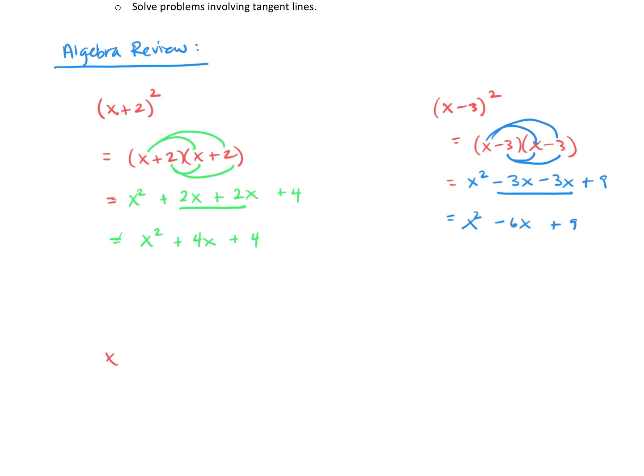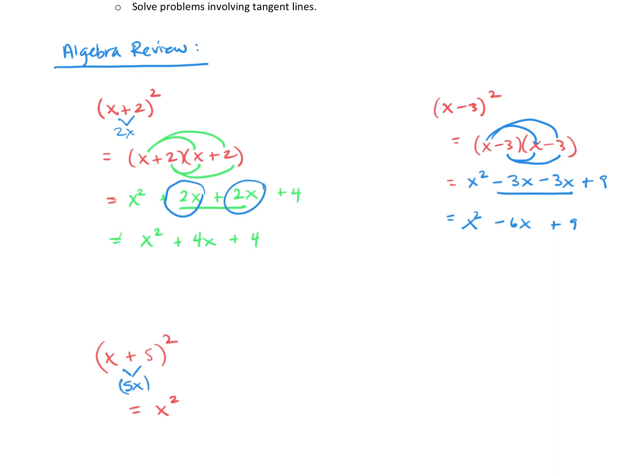So now let's try x plus 5 squared. All right, so I'm squaring a binomial. I know I'm going to have the x squared. And then if we take this x and the 5 and multiply them together, we get 5x. That's like here, x times 2 is 2x. See how we had one there? But we always had a second one.